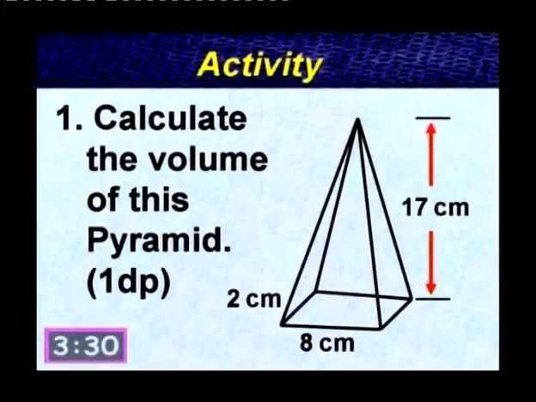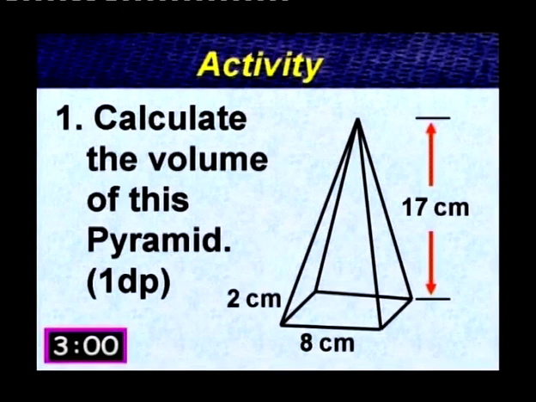Calculate the volume of this pyramid correct to 1 decimal place. Measurements are given as 2 centimeters, 2 centimeters, 8 centimeters, and 17 centimeters. Using these measurements, I'd like you to put them in the given formula for calculating the volume of a pyramid.